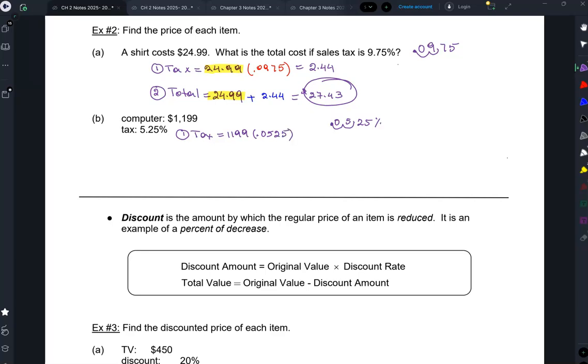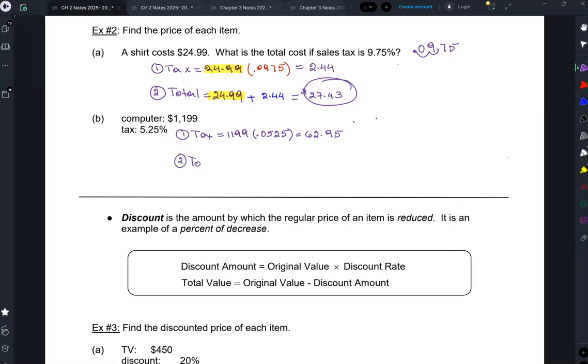Okay? Please, please, please do not do this part in your head. Take the decimal, move it twice. Okay? All right, so how much will this be? 62.95. Right.